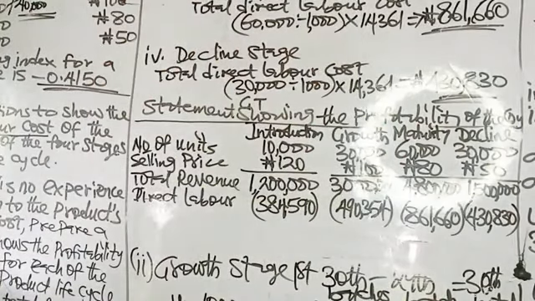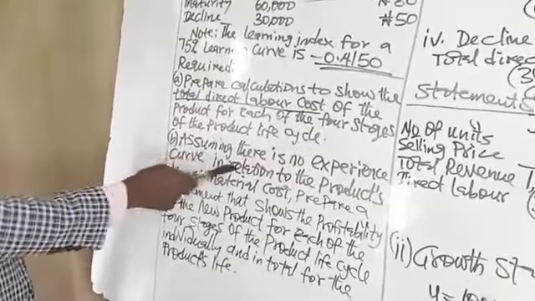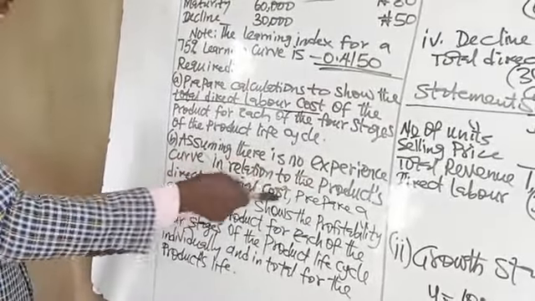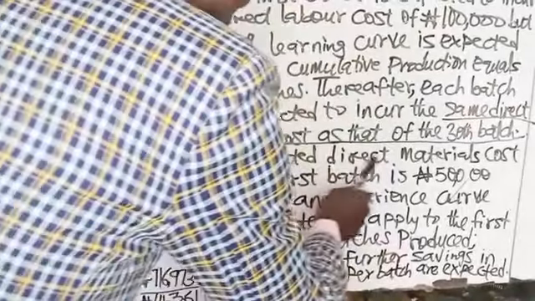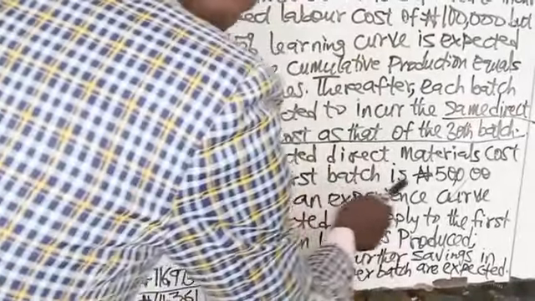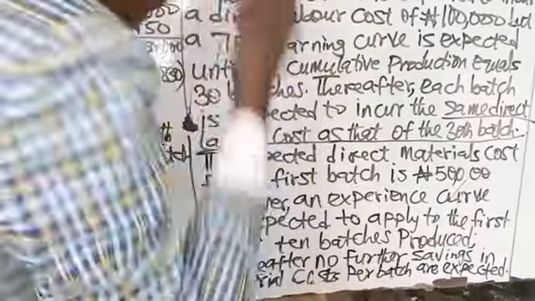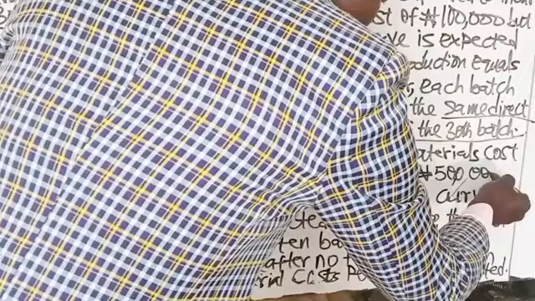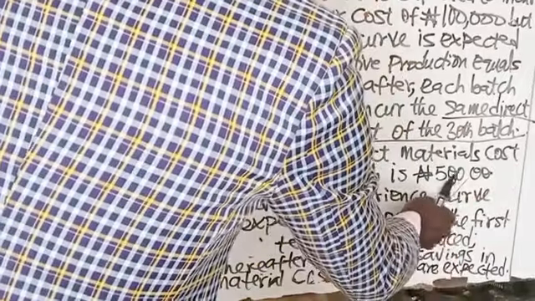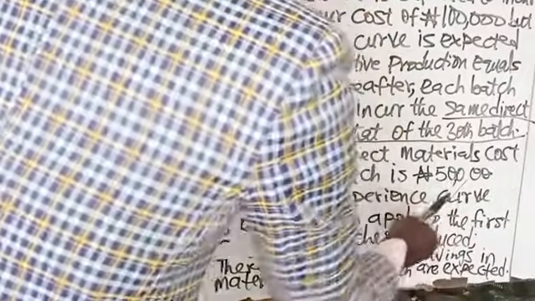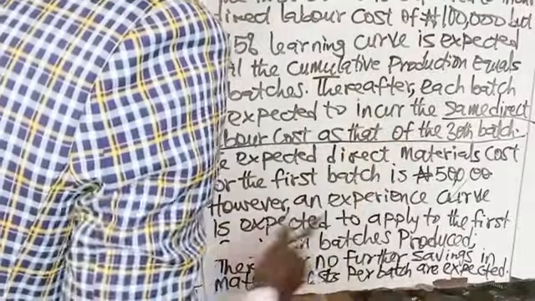Then remember, you were told, assuming there is no experience curve in relation to the product direct material cost. The expected direct material cost for the first batch is 50,000 naira. Please have this corrected. It's 50,000 naira, not 500,000. A batch is 1,000.